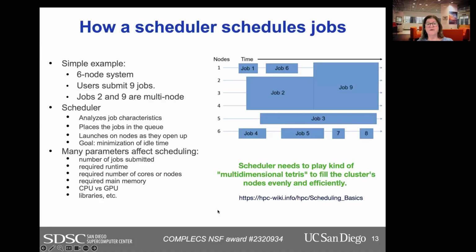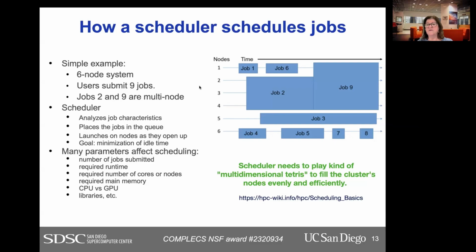So how does it work? I love this multi-dimensional Tetris term. So here you have some jobs that are running across multiple nodes, 6 nodes. Some jobs are one node jobs and some jobs are multi-node jobs. And the order in which they were submitted doesn't matter. What happens is around the same time, 9 jobs got submitted by different users.